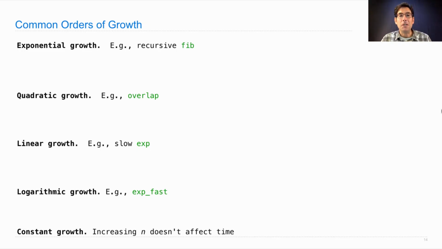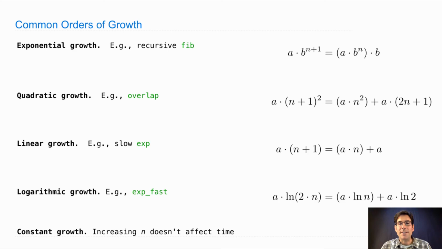For example, in Python, the number of elements in a dictionary does not affect how long it takes to look up a value by its key. How that works is a topic for a later course, but the fact that it is a constant time operation to find a value by its key is an important property of Python dictionaries.